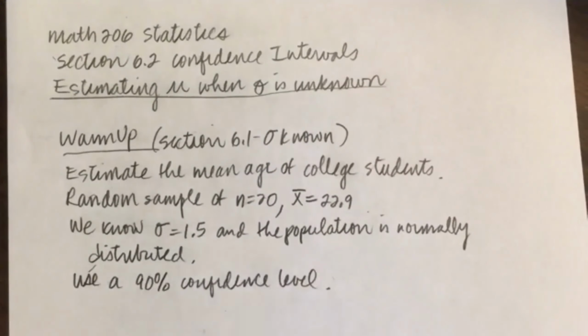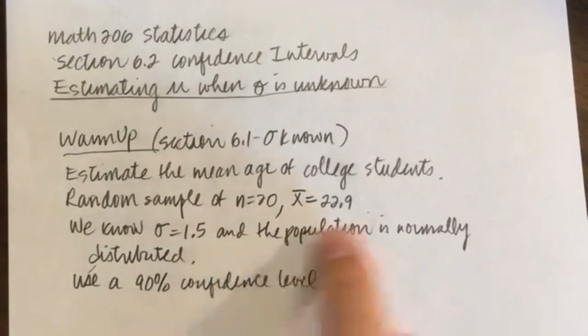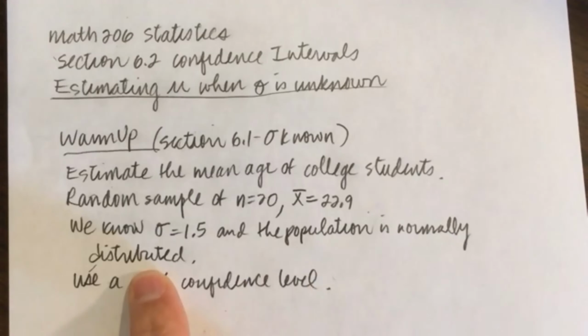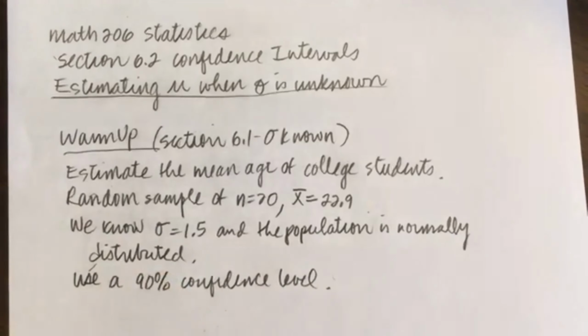This assumption is that the population, the whole population, all the ages of the college students are normally distributed. So when we say the population is normally distributed, we're saying, you know what, it's not like we just have either 15-year-olds or 50-year-olds and nothing in between. We're saying that really it's bell-shaped and symmetric about the mean.